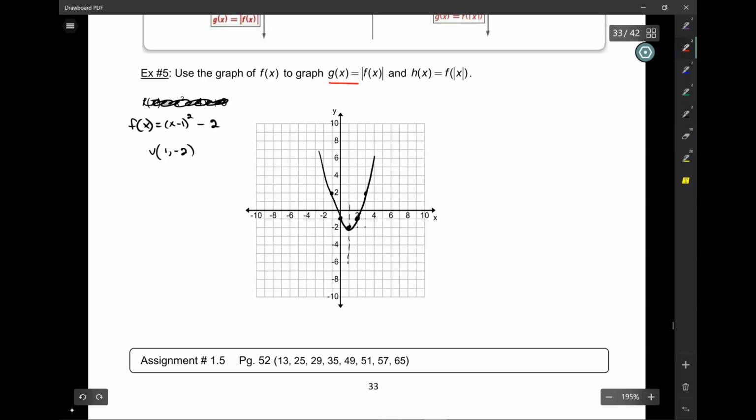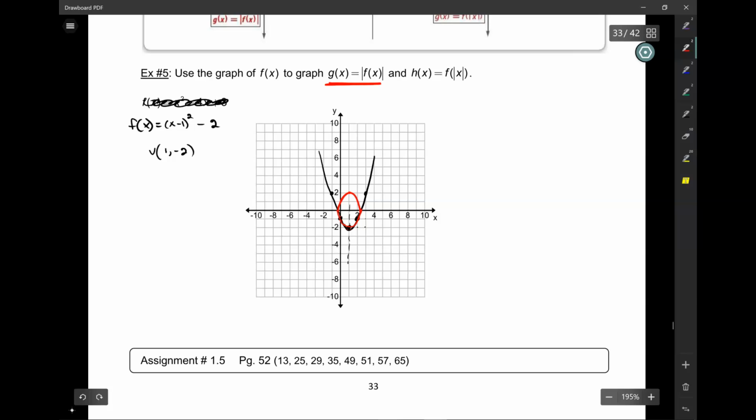Now, can I graph the absolute value of f of x? What's the absolute value going to do? Yeah, take that and reflect it. So whatever is negative, which is this, right? That's the negative part. It's going to reflect it up like this, right?